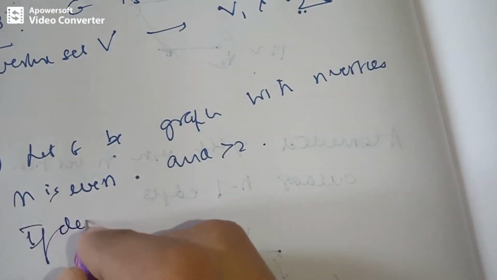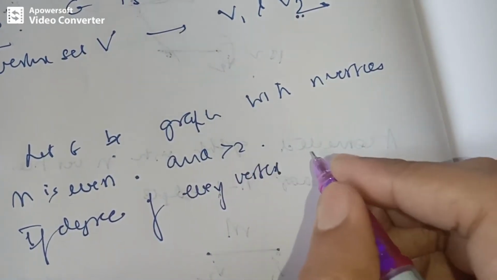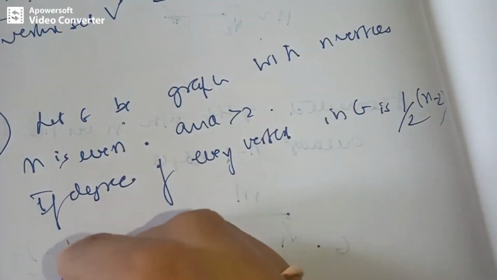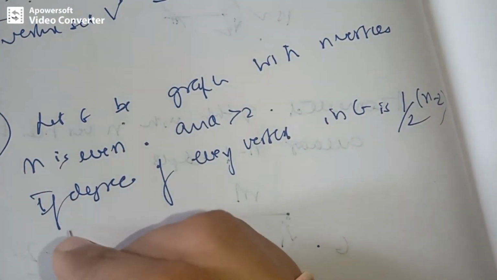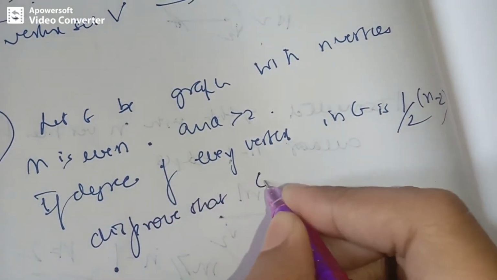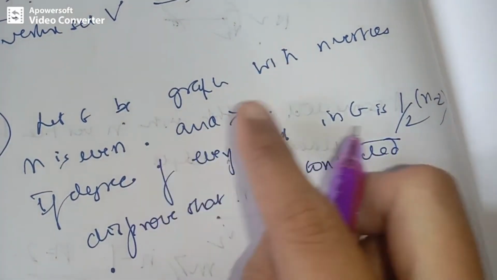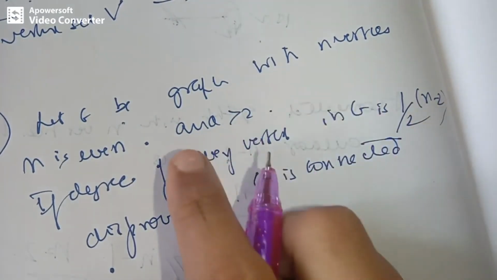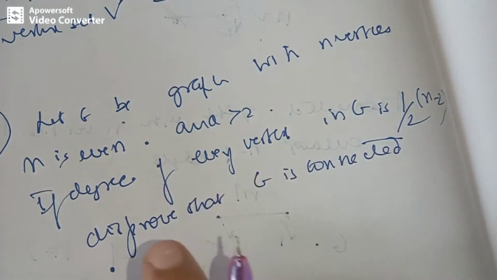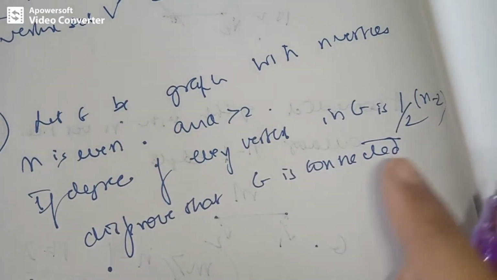If the degree of every vertex in G is n/2 − 2, you need to disprove that G is connected. So this is the question. Let G be a graph with n vertices, where n is even, that is, the number of vertices is even, and it is greater than 2. If the degree of every vertex in G is n/2 − 2, disprove that G is connected.